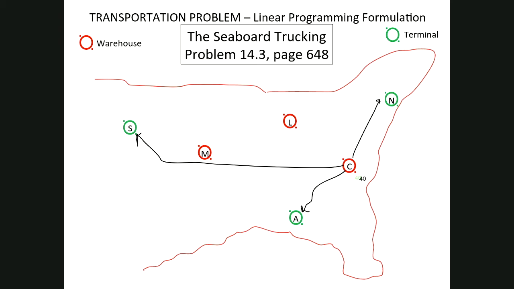Okay, well, that's the same situation we have in each one of our warehouse locations. We can ship from Memphis to St. Louis. We can ship from Memphis to Atlanta. We can ship from Memphis to New York. And interestingly, we also have 40 trucks that are available in Memphis to send.